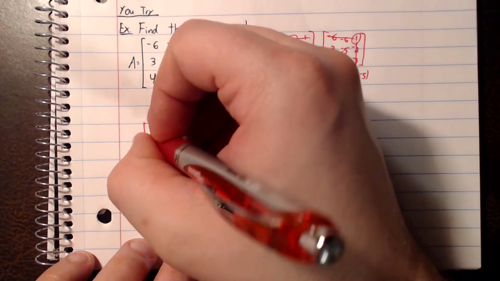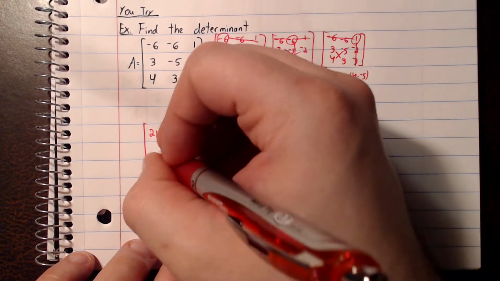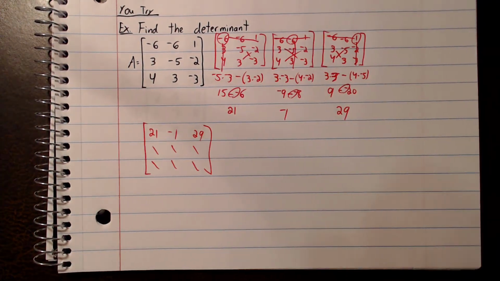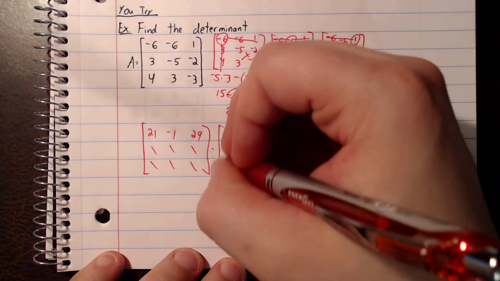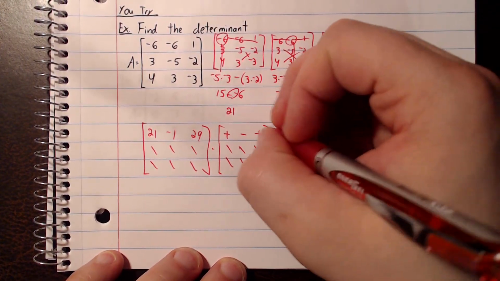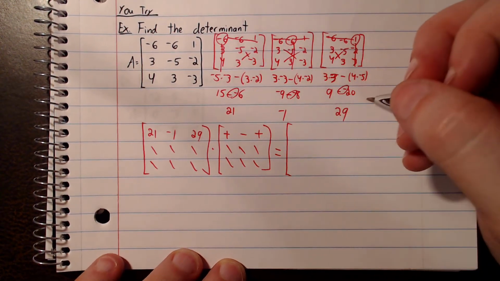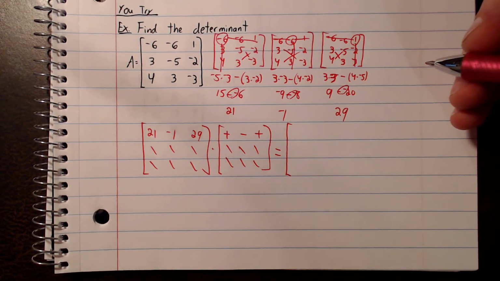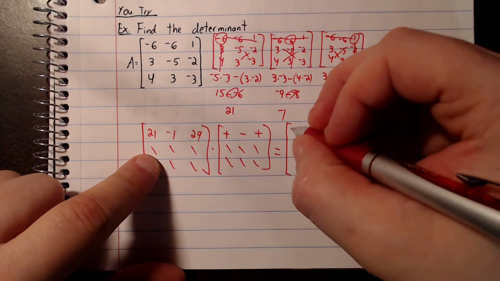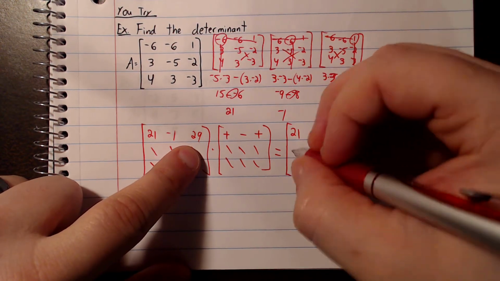All right, so we've got 21, negative 1, 29, and I'm just going to put some dashes in for those next marks. I know I've got to now do my assignments. So the cofactors here are going to be 21, positive 1, and 29.